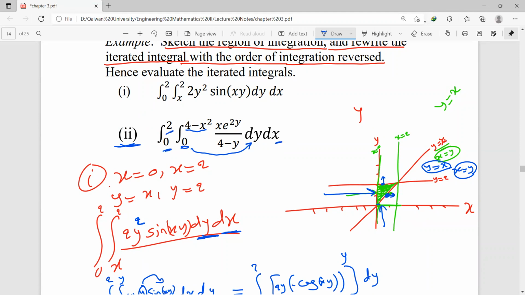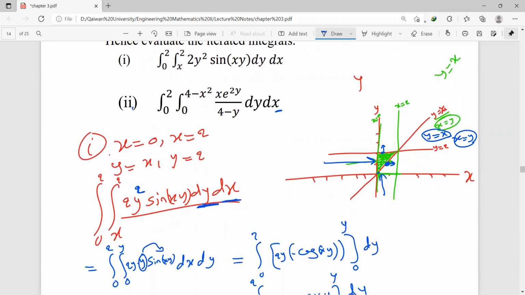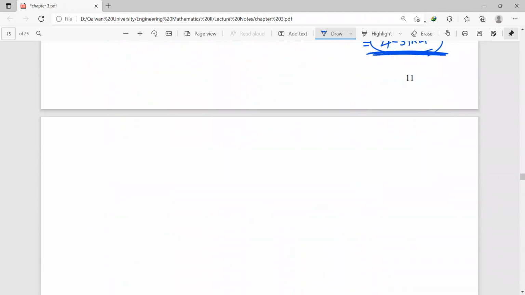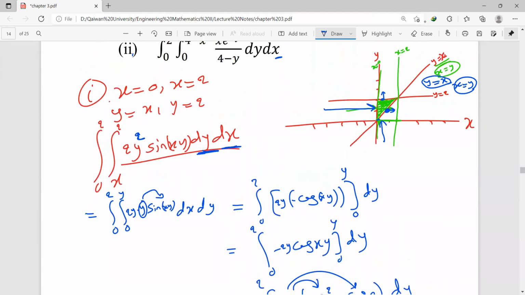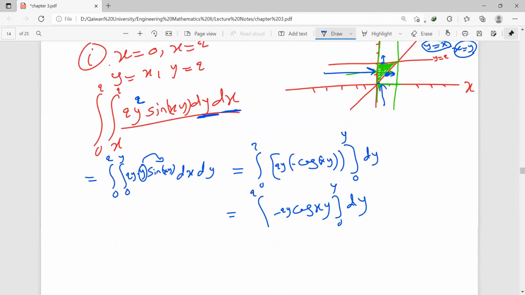We are going to find this integration by reversing the order of the integration. Let's write down the integration first. We have the double integration from 0 to 2 and from 0 to 4 minus x squared.